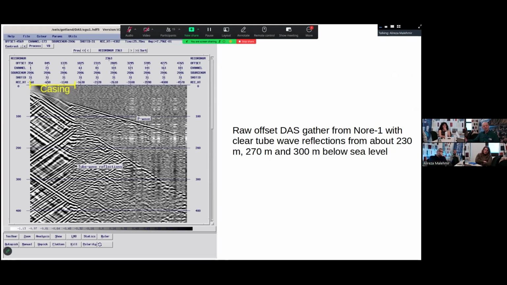So we have here the potential to look at the character of these zones that are generating the reflections. Maybe do a similar thing to what was done in Japan to calculate the permeability of these zones. We do have downhole hydrological tests which we can compare with. So this would be a nice study, but it hasn't been done yet. There are the three reflections I'm talking about.